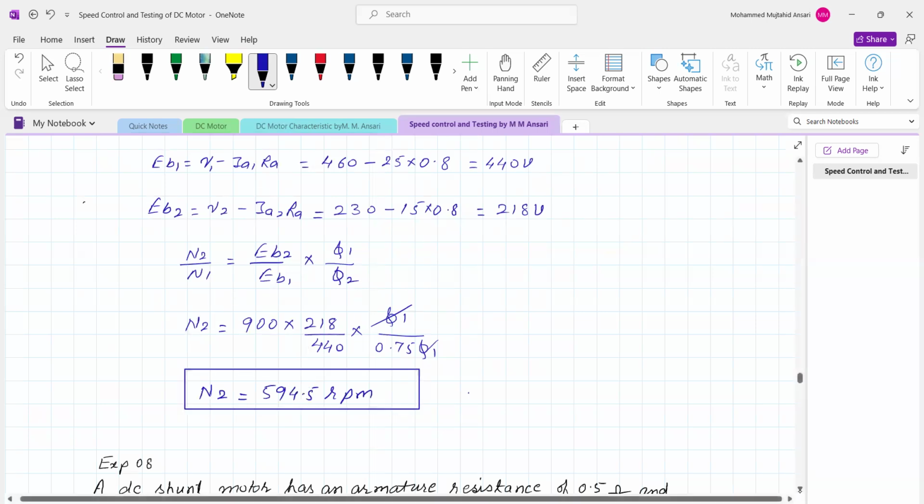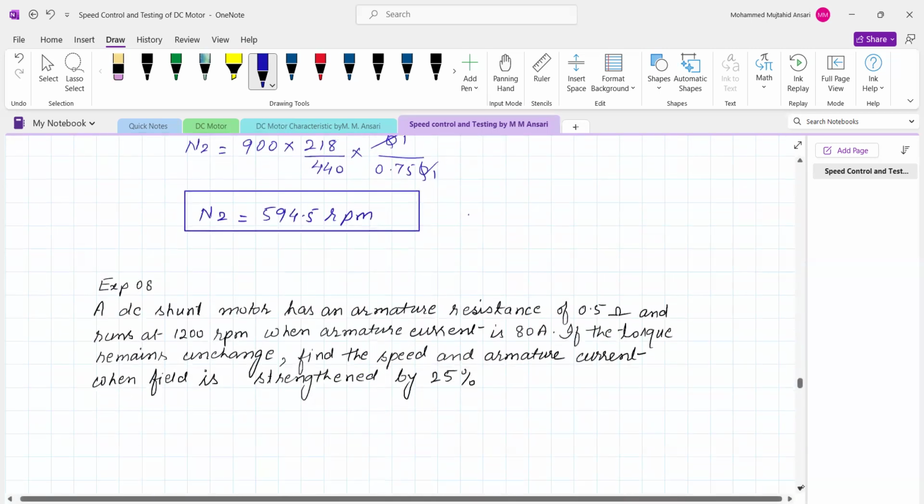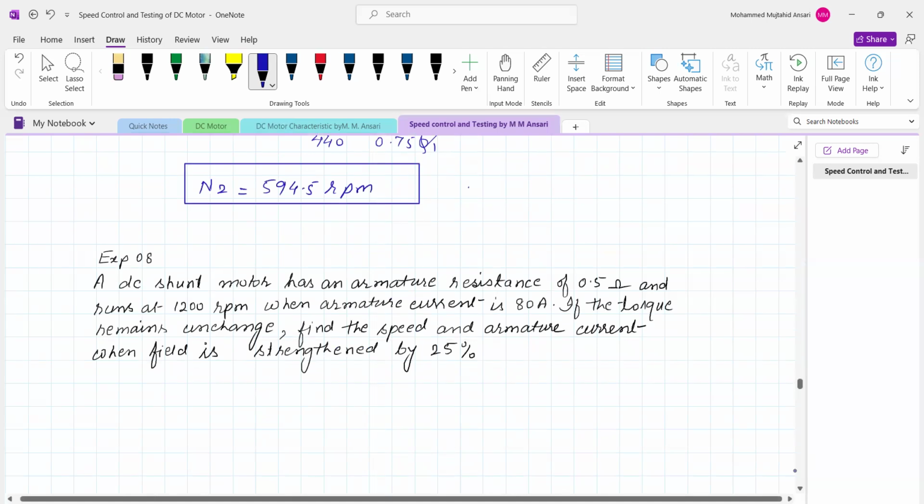Now the next numerical: a DC shunt motor has an armature resistance of 0.5 ohm and runs at 1200 RPM. So here armature resistance is 0.5 ohm, whereas speed in the first condition is 1200 RPM and armature current IA1 is equal to 80 ampere.